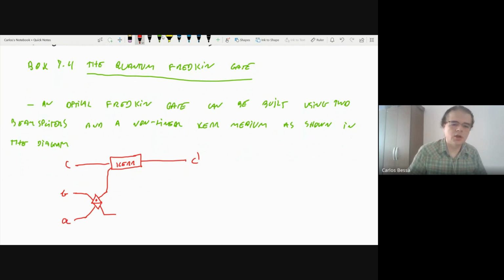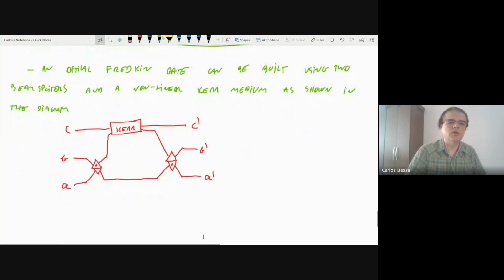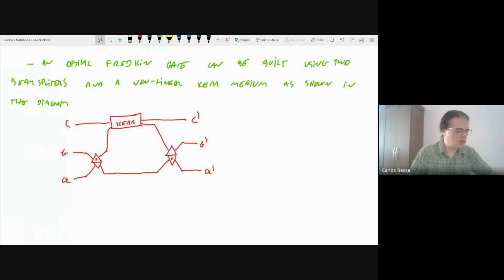And in the other part, I have again a beam splitter, but reversed. And here the mode a prime, and here the mode b prime. So this is how we can build the Fredkin gate.